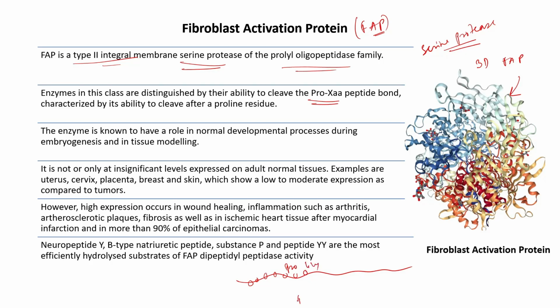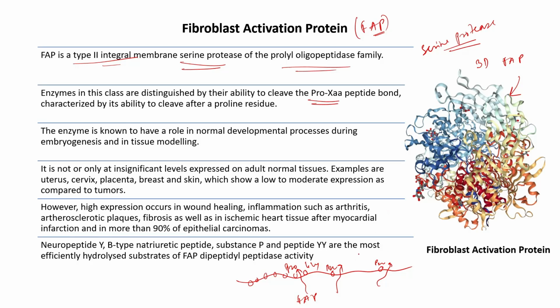So this FAP will come and cleave right after proline. It will just cleave wherever it finds proline. So that's the specialty of this FAP protein. So it cleaves the peptide into multiple small fragments, wherever it finds a proline residue.